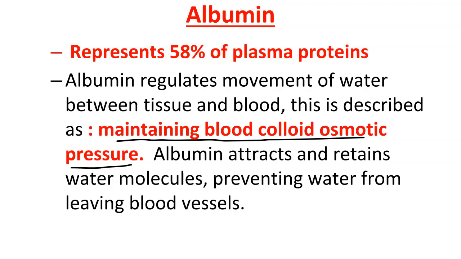If albumin is not working, or there isn't enough of it, the water molecules will leave blood vessels and go into the tissues, causing tissue swelling or edema. So the function of this liver protein in blood is to maintain water within blood vessels.